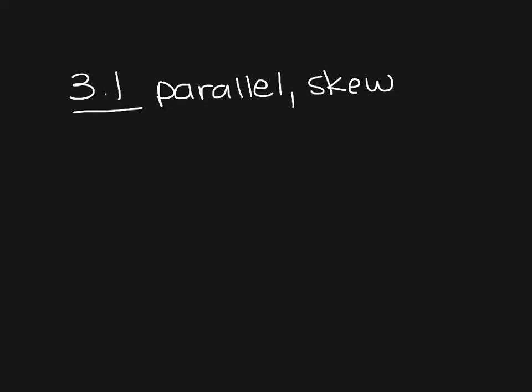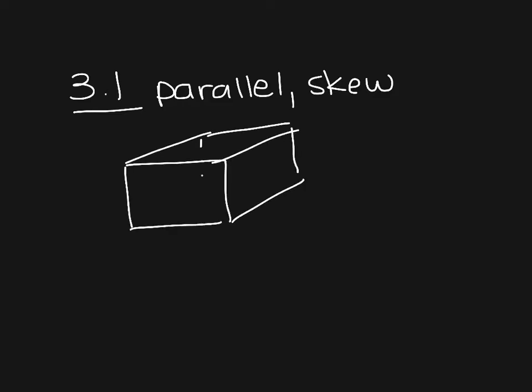So you'll see something like number 28 in your packet where you got given a box and it would say identify the parallel. You could either see parallel segments or parallel sides, planes. So the segments could be something like these front two, coplanar segments that don't intersect.